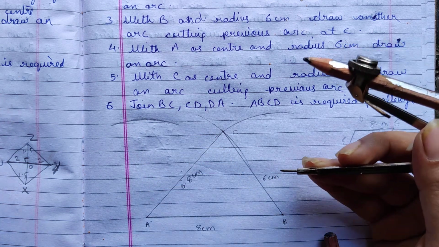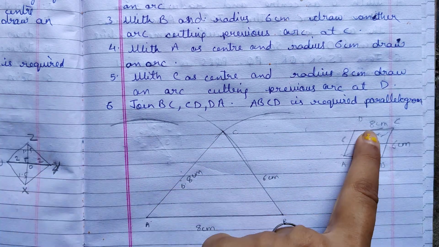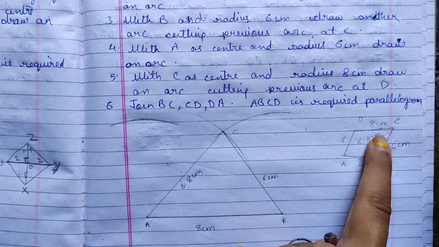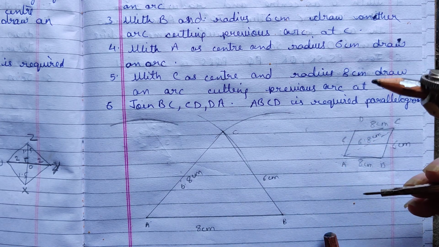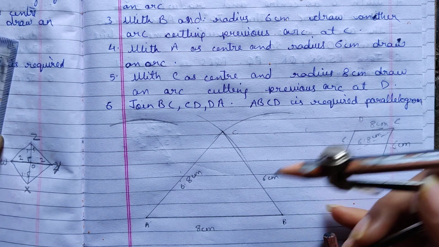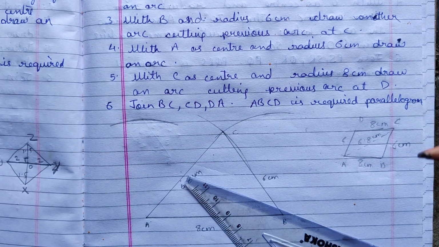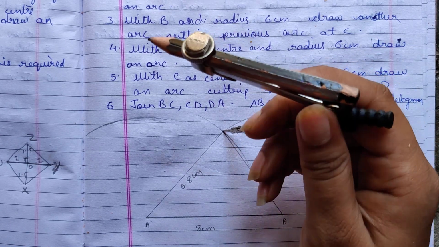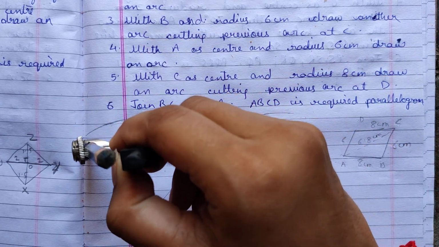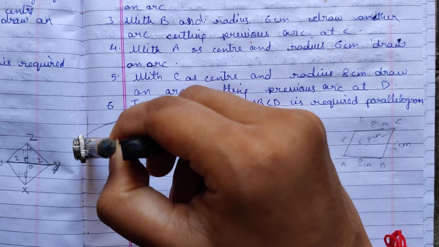Now the distance between C and D is 8 centimeter, so taking the radius as 8 centimeter. So taking the radius as 6 centimeter, keep it at point C, draw the arc.